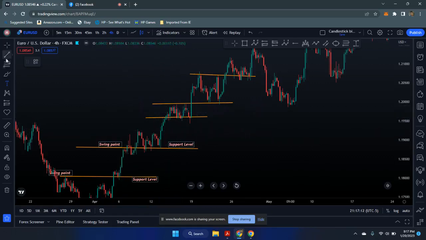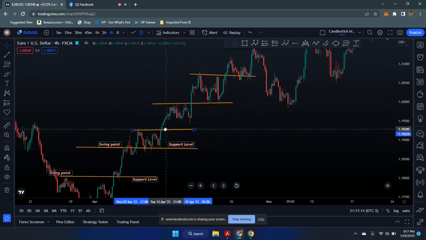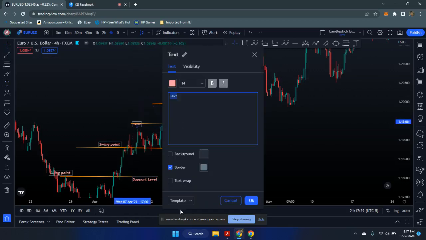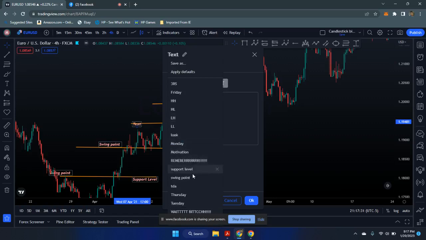Well, maybe I should put it like this. Yeah, I like that one better. That is my swing point.